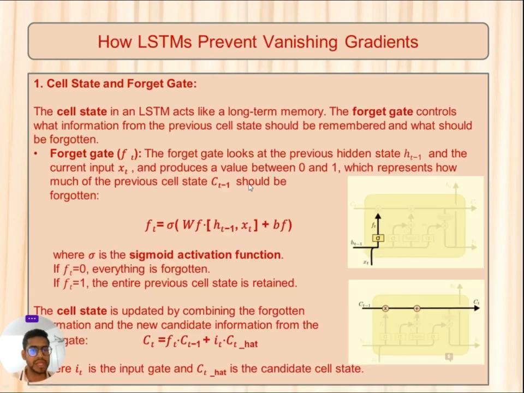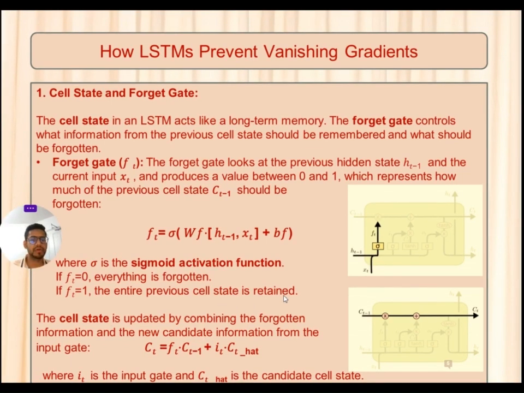In short, the forget gate looks at the previous hidden state and the current input and produces a value between 0 and 1. If the value is 0, then everything is forgotten. If the value is 1, then the entire previous cell state is retained. And what does the cell state do?